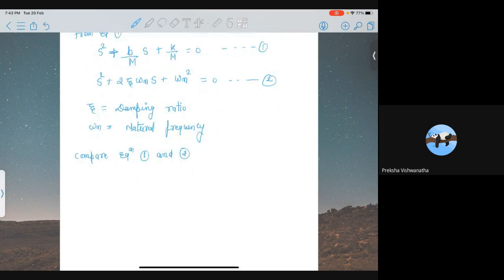So omega n square is k by m, or we can write it as omega n, for this mechanical system, which is natural frequency, is under root of k by m.